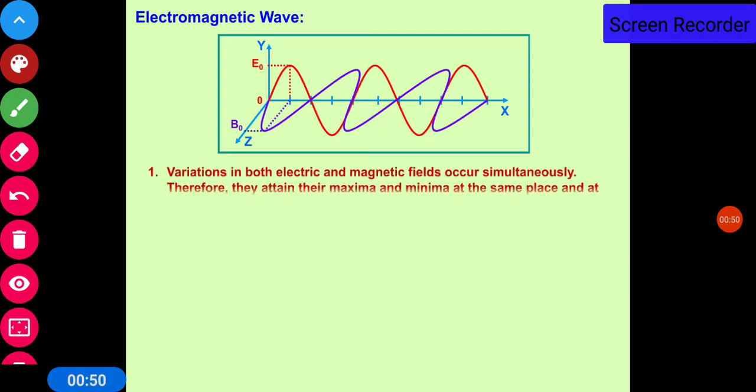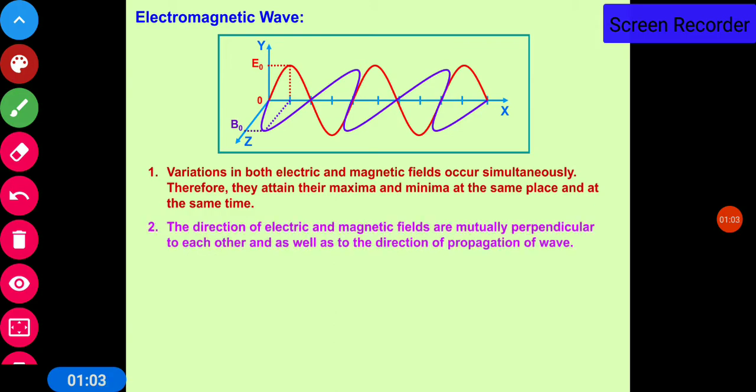Since variations in both electric and magnetic fields occur simultaneously, they attain their maxima and minima at the same place and at the same time. The directions of electric and magnetic fields are mutually perpendicular to each other as well as to the direction of propagation of the wave.